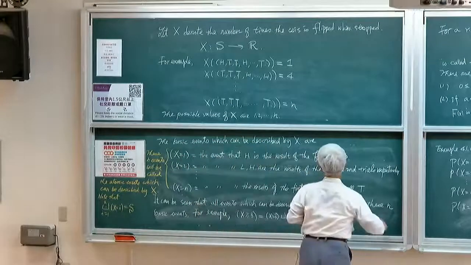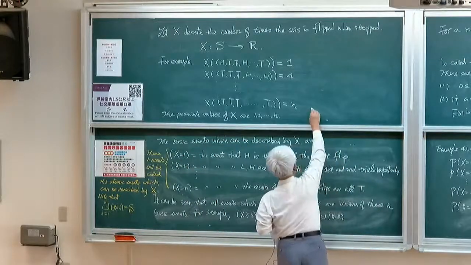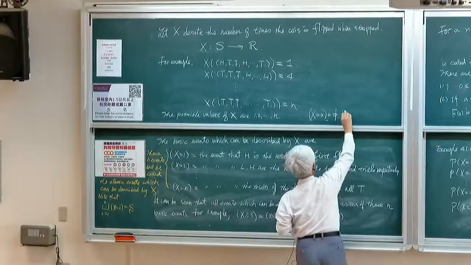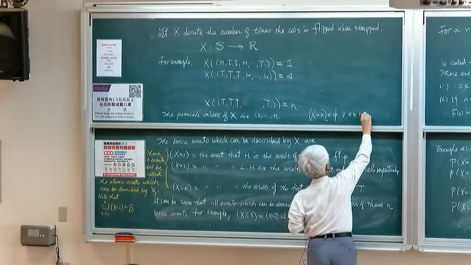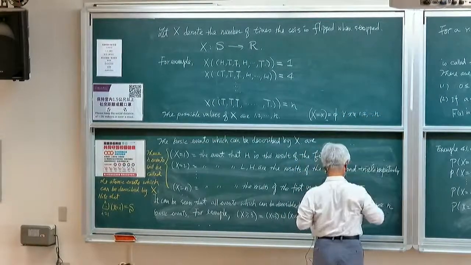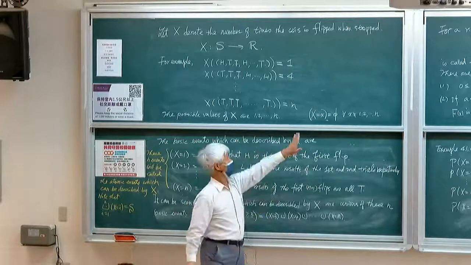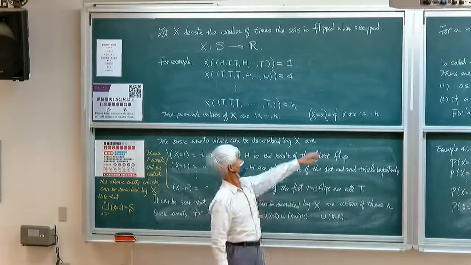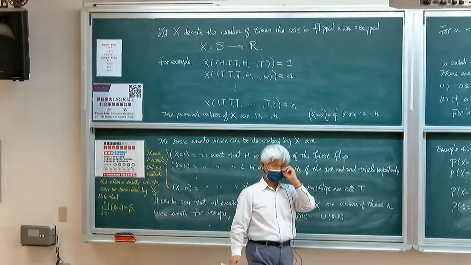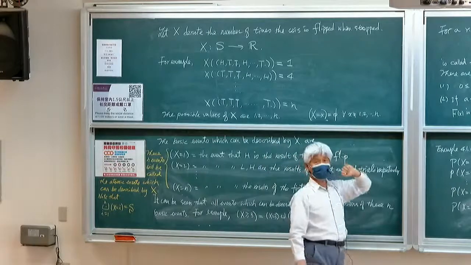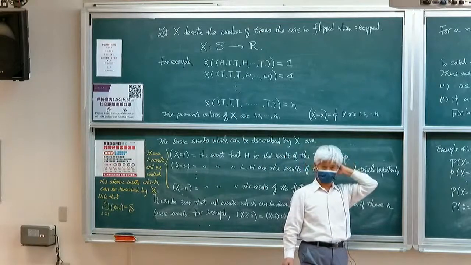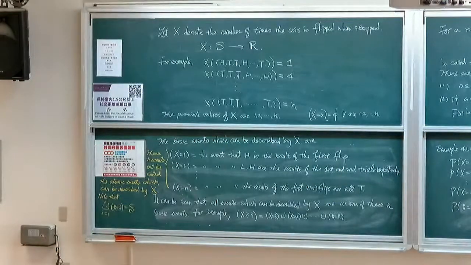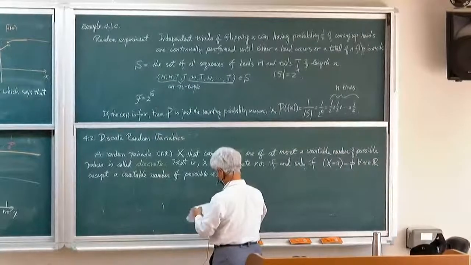So the event X equal to little x must be the empty event if little x is not an integer from 1 to n. So these are called discrete random variables.